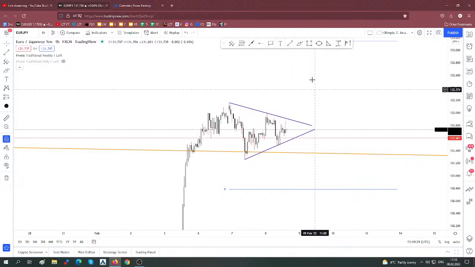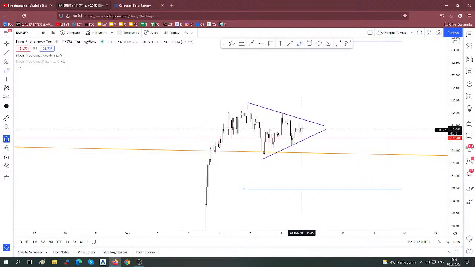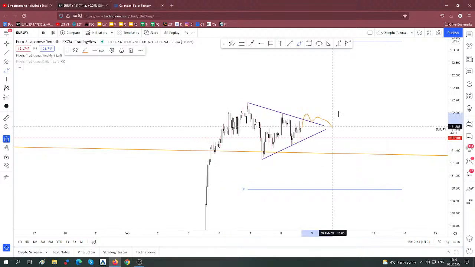Personally I'll wait, here is something like a support zone, support area: upper medium line, this level, these former highs. I'll wait for a valid breakout here, and maybe also for a new higher high.